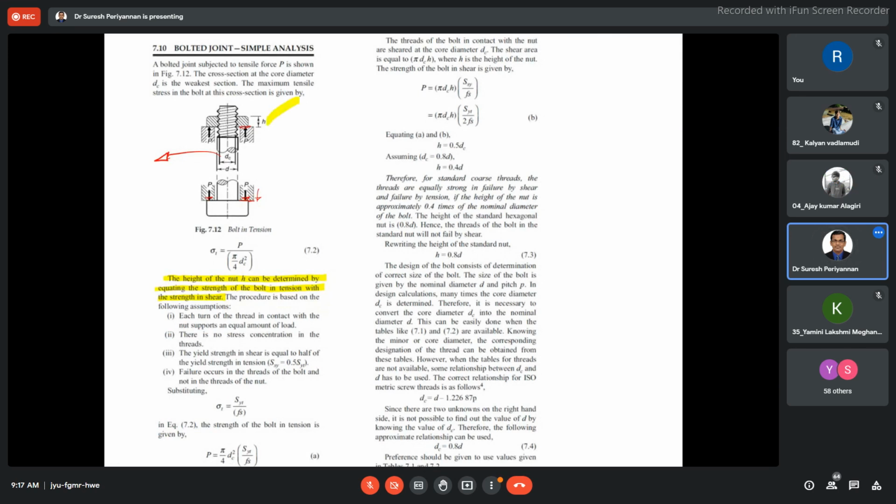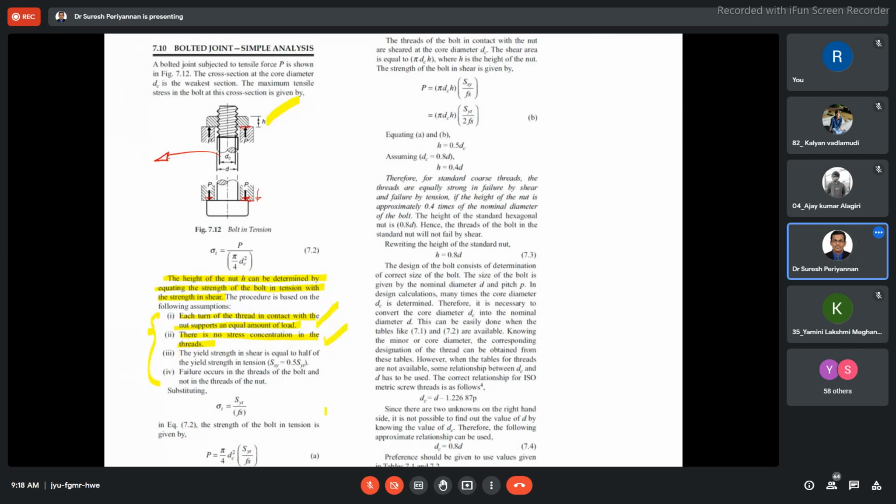Now, the given procedure we have to follow here. Each turn of the thread in contact supports an equal amount of load. There is no stress concentration in the thread. These are the assumptions we are considering: equal amount of load shared in the threads, and no stress concentration.